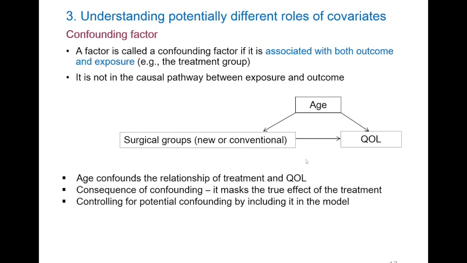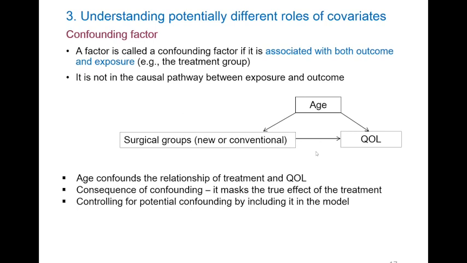So let's look at this simple diagram. We are interested in the treatment effect on quality of life. So basically, we are interested in the relationship between surgical treatment method and quality of life.